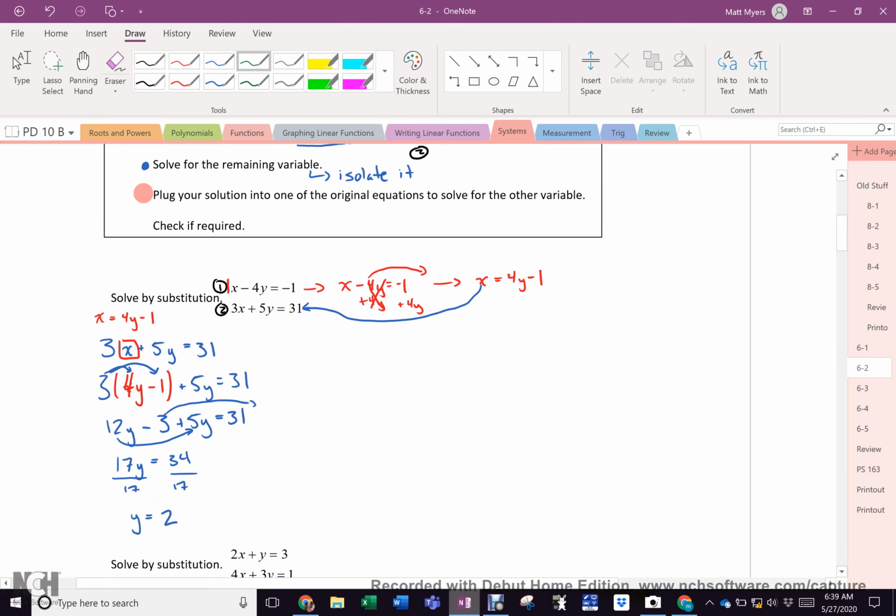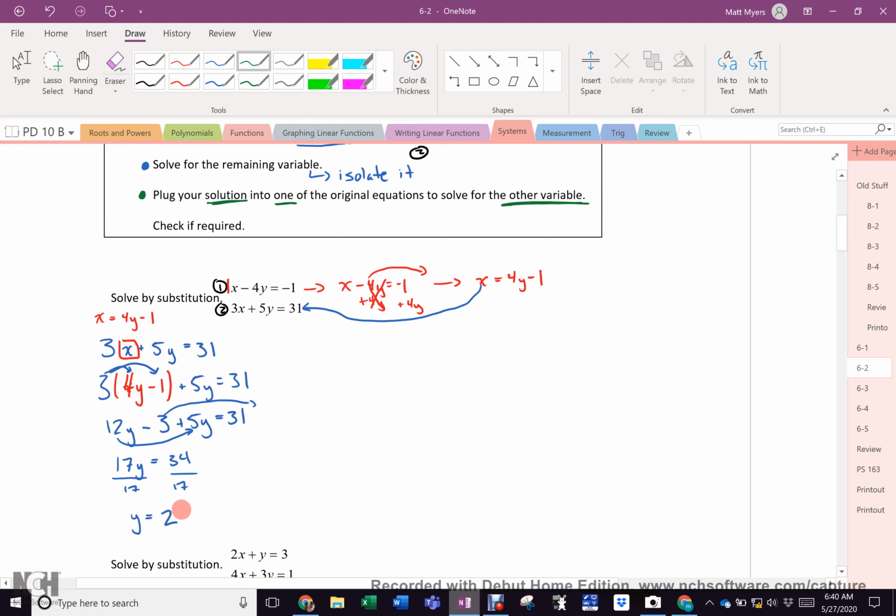Now the last thing I do, I plug my solution into one of the original equations to find the other variable. So I've got all these equations kicking around now. I know what y is, but I don't know what x is.